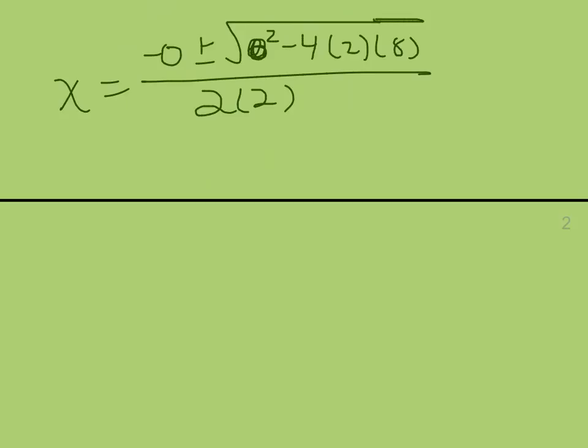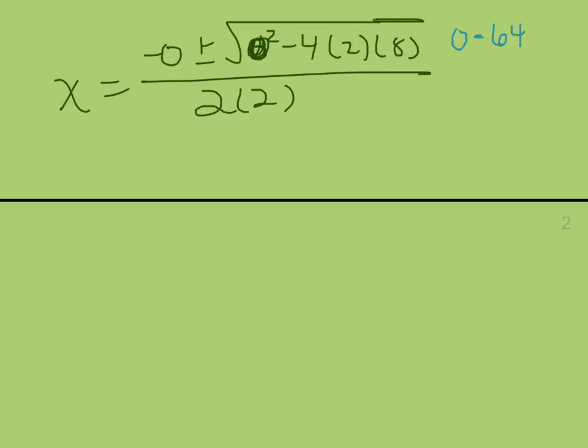Don't forget that's a 0, not a 6. That's a reminder to myself as much as a reminder to you guys. Alright, so we have 0 squared is 0. So we have, on the side here, I'll write it, 0 minus 4 times 2 is 8 times 8 is 64. So we have 0 minus 64, which is negative 64.